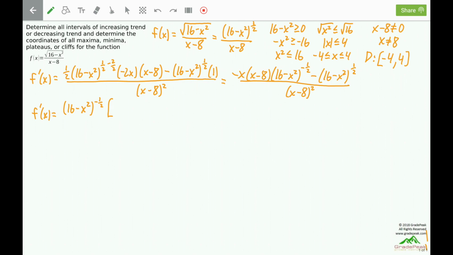So it'll be a negative x times x minus 8, and a negative 16 minus x squared to the first power. All of this is over x minus 8 squared.